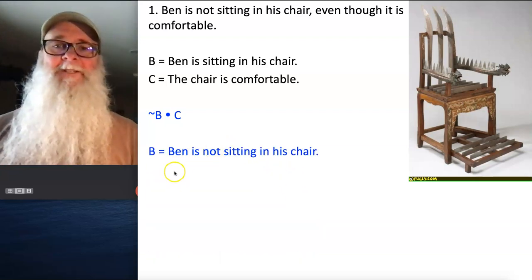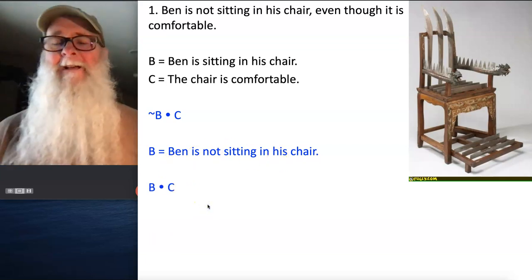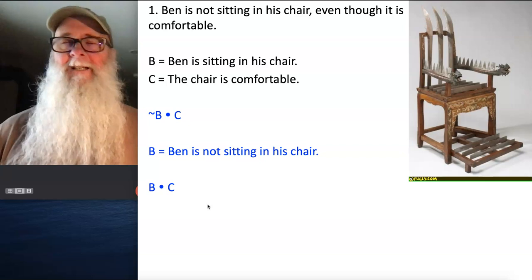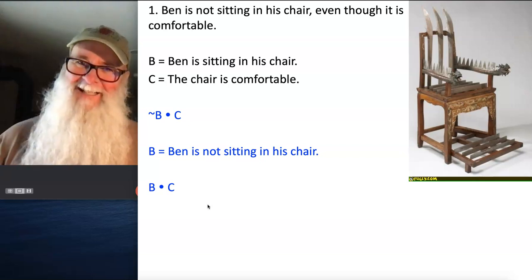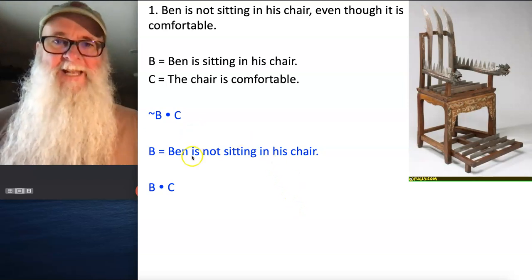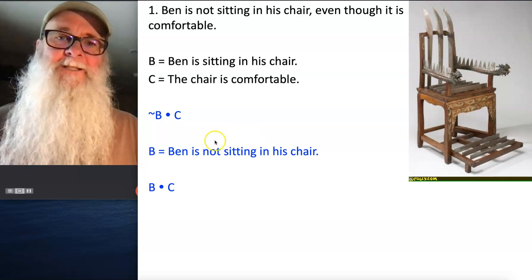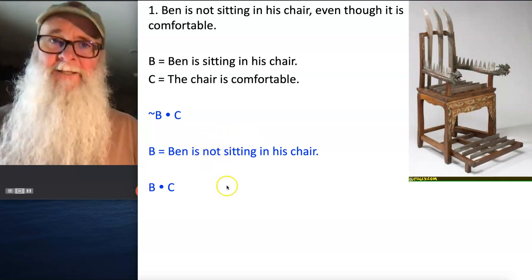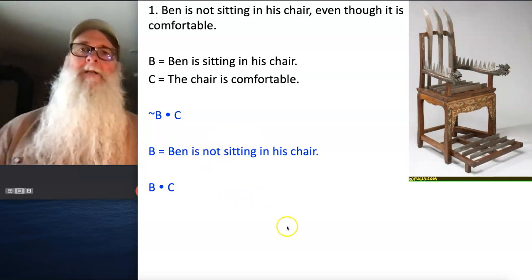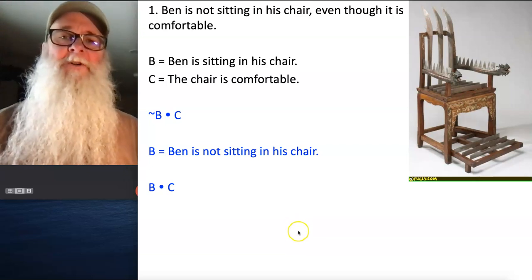Now you're maybe thinking this, well, I did it differently. I chose to represent the statement Ben is not sitting in his chair with the letter B, and so therefore my translation is B dot C. And if that's what you did, that's not technically incorrect, but it's going to be kind of funky if we try to use individual letters to represent sentences that have negation embedded into them. Here's why. We may encounter a situation where we have versions of the same sentence appearing over and over and over again.